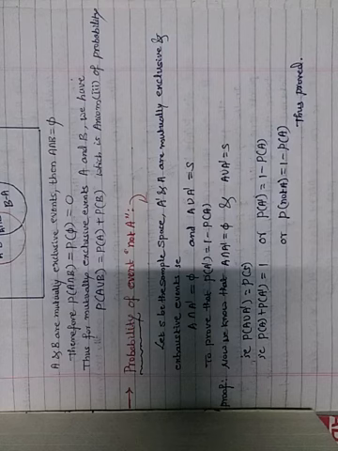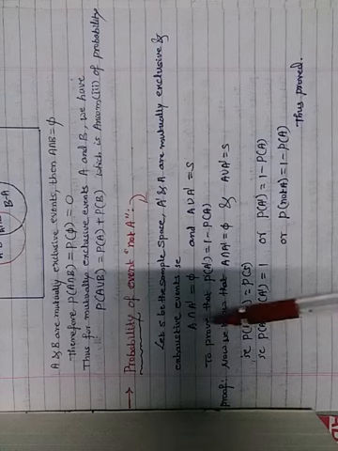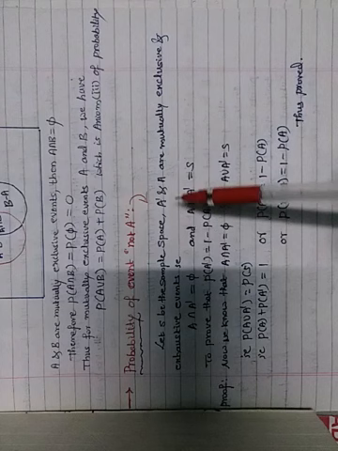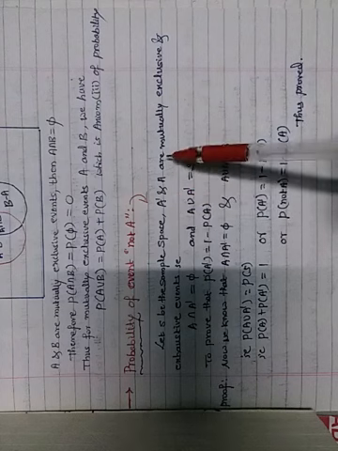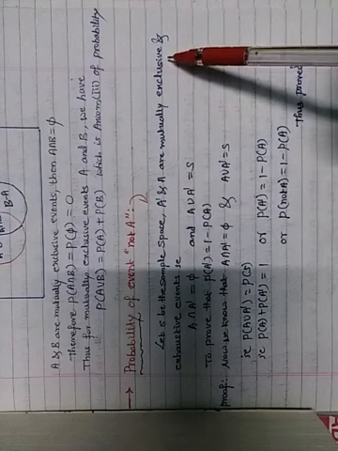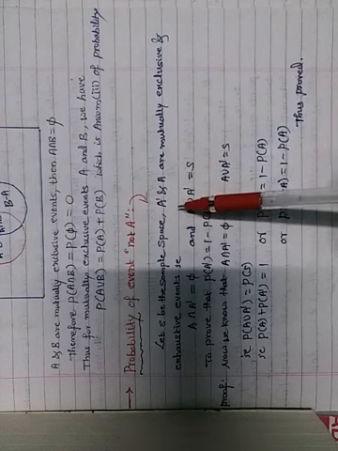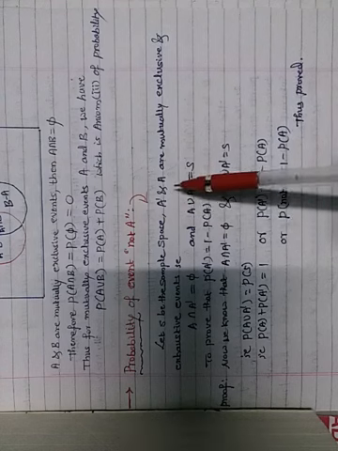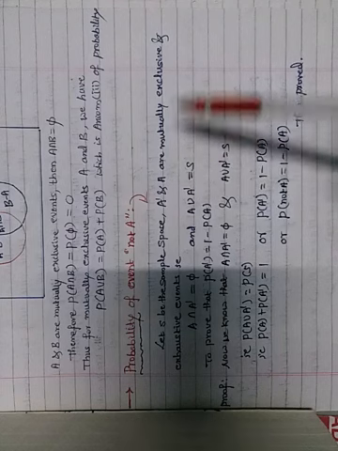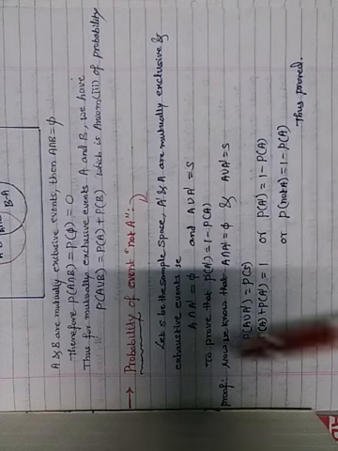You know very well all the 4 types of probability events. Let S be the sample space. A dash and A are mutually exclusive. A dash is the complement of A, and they are exhaustive events here.